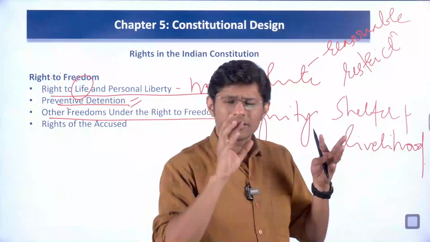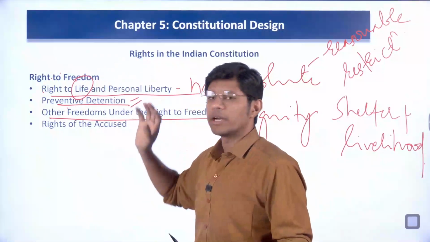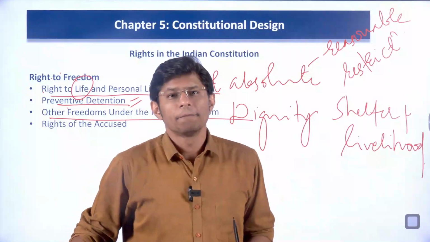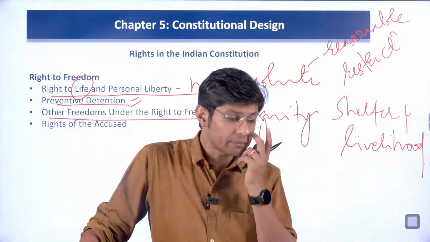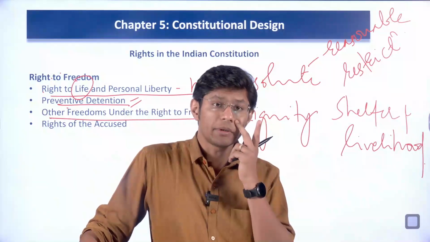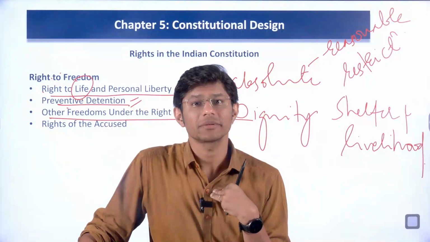So these are the freedoms under right to freedom. Now again, these restrictions can also be misused. For example, in the name of public order, the government can restrict a person from exercising his speech and expression.